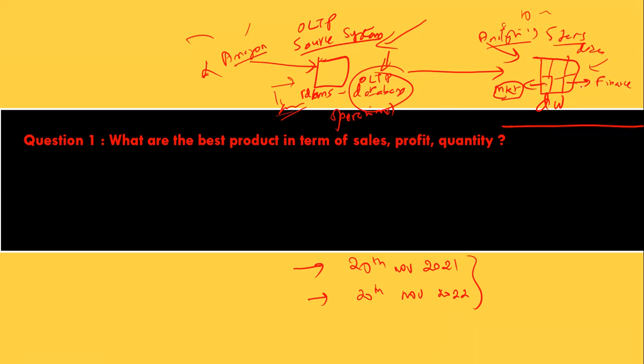You created the data warehouse. You bought some server, let's say in the cloud, or inside your organization. You bought an expensive server, and then the operating system, software, everything, you set up. Now you want to push one year of data, starting from 20th November 21 till 20th November 22, to your data warehouse.